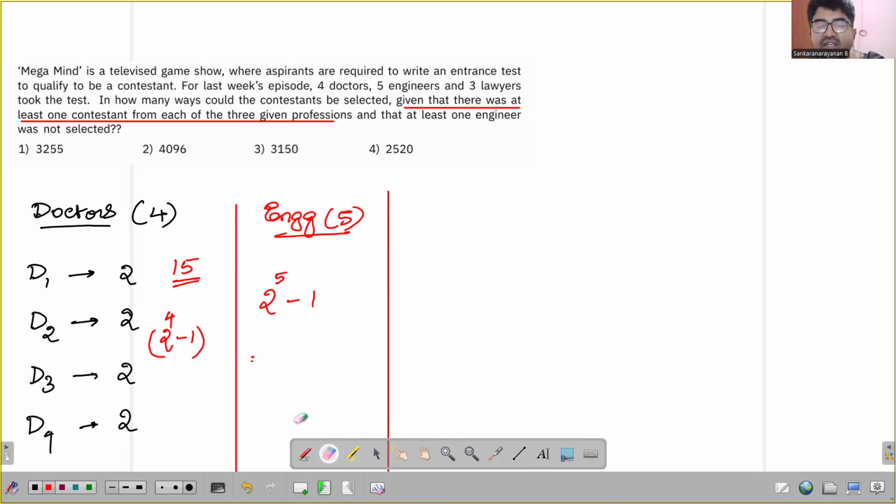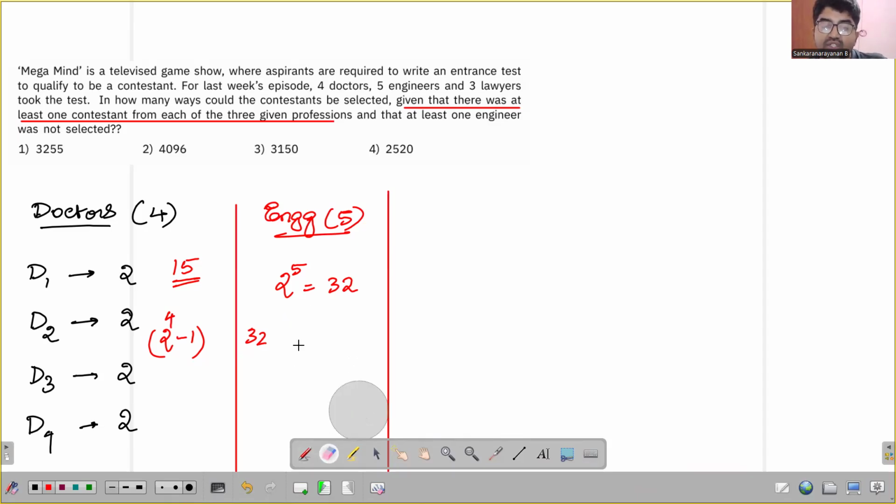You know what it is? It is mentioned that at least one engineer was not selected, which means from engineers, as you can see, the total number of outcomes is 2 power 5, that is equal to 32. In this 32, there is a possibility 0, 0, 0, 0, 0, where none of the engineers are selected, or 1, 1, 1, 1, 1, where all the engineers are selected. These 2 possibilities are not possible here.